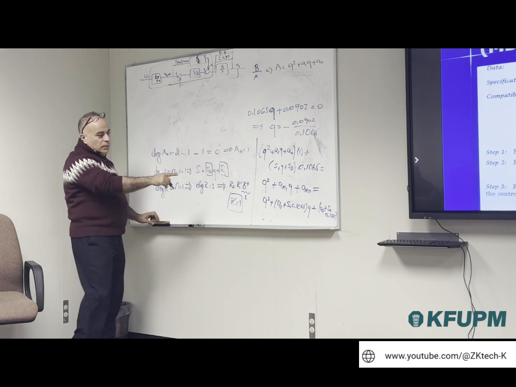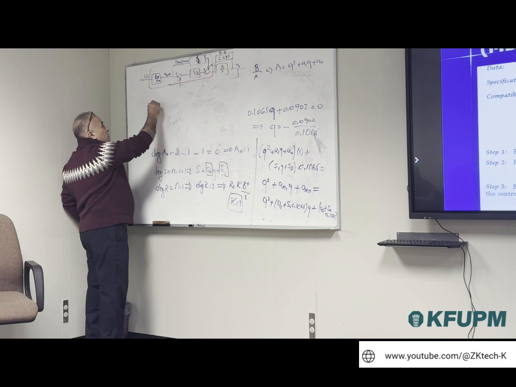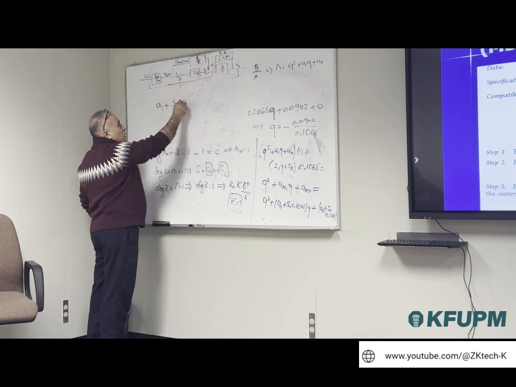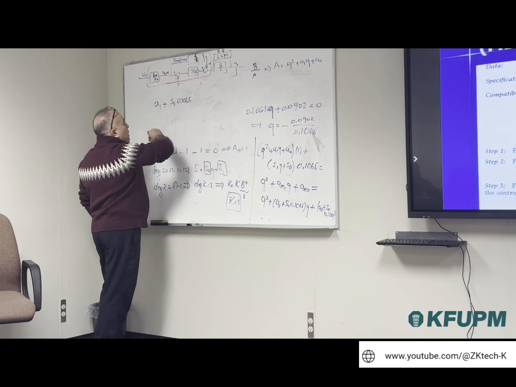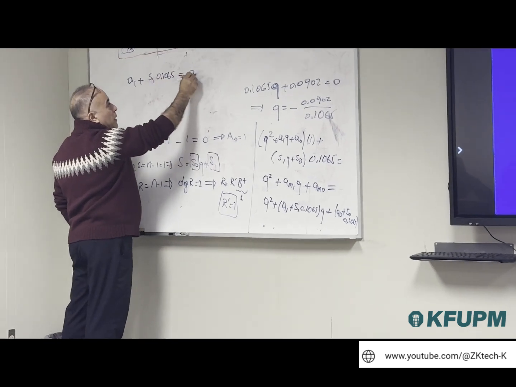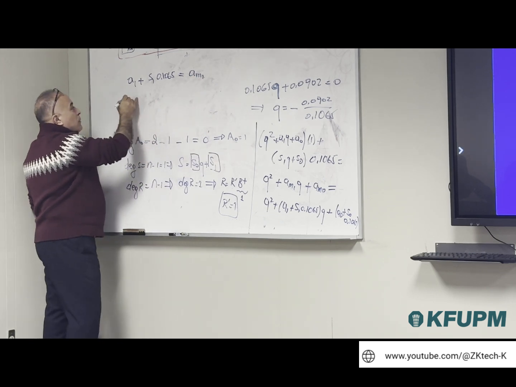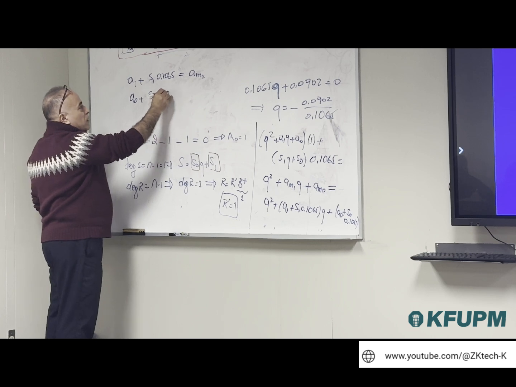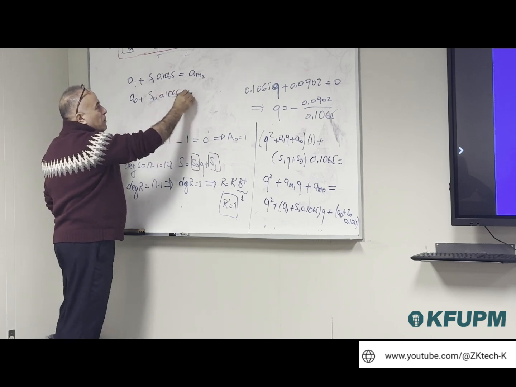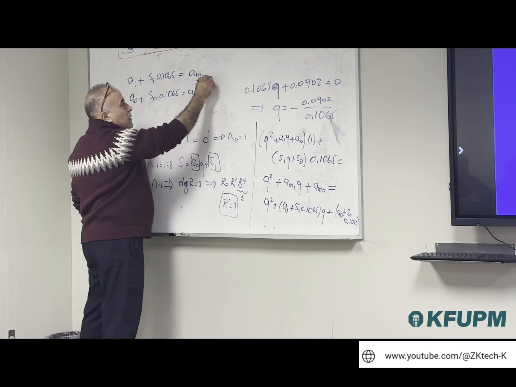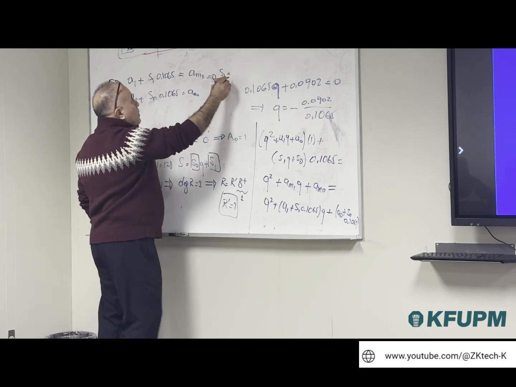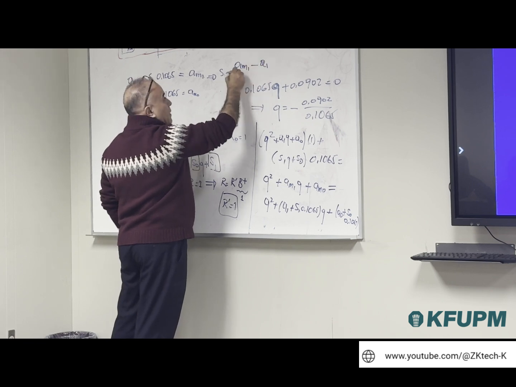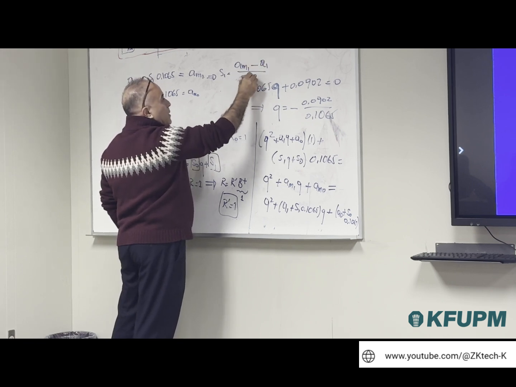Right? So we are going to write A1 plus S1 times 0.1065 is equal to Am1. And then we have A0 plus S0 multiplied by 0.1065 is equal to Am0, which implies that S1 is equal to Am1 minus A1 divided by 0.1065.